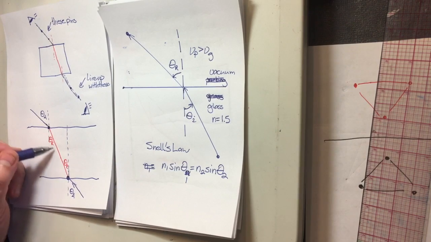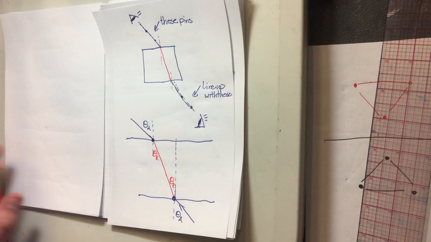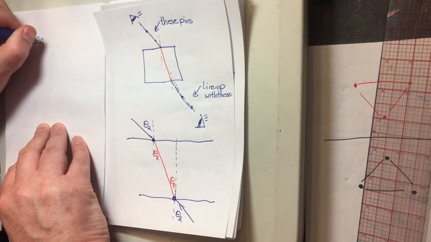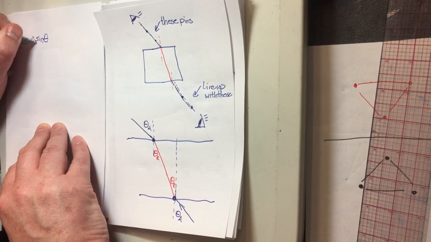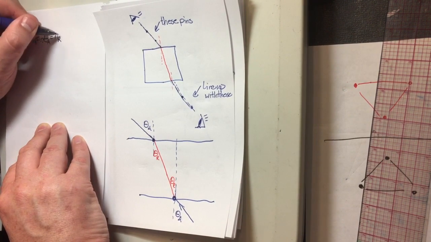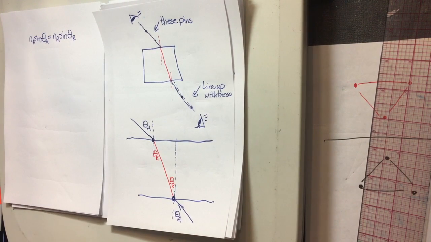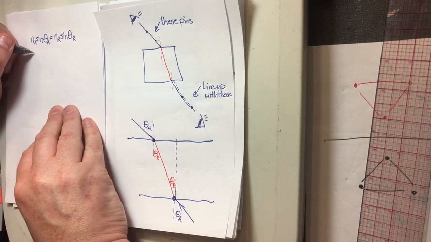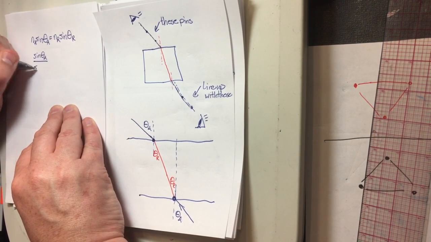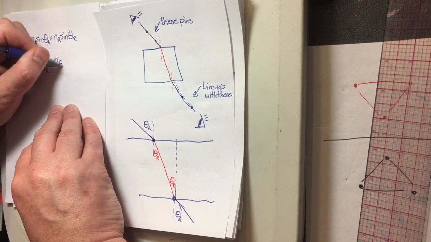Now what you're going to do is, you know this length here, and you can calculate this angle here, and you will be able to measure all the angles such that sine theta of air divided by sine theta of r is equal to the index of refraction.